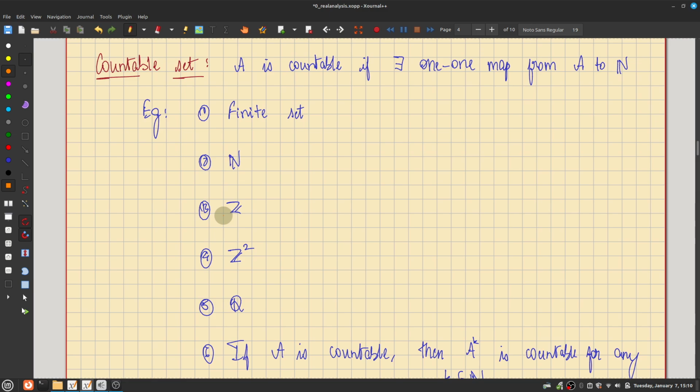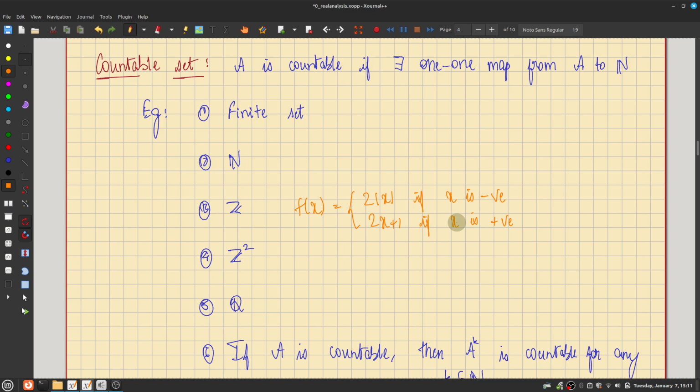How do you do it? So I want to find a one-to-one map from Z. Start with 0 and then, okay, one solution is you can set f of x equal to 2x if x is negative, and 2x plus 1 if x is positive.